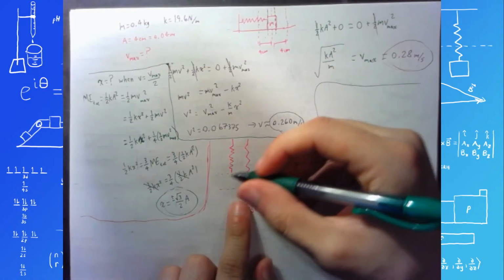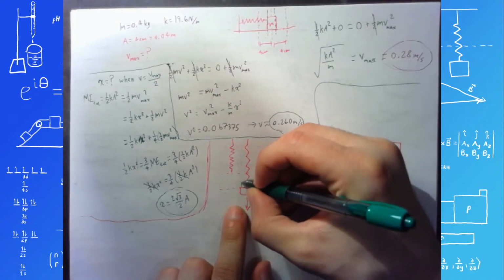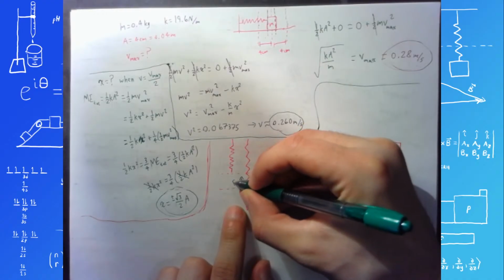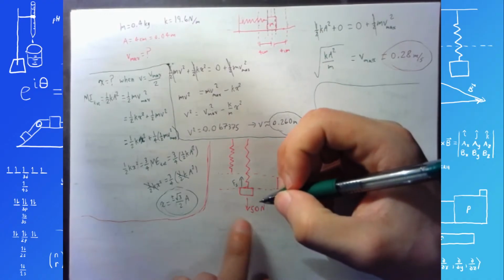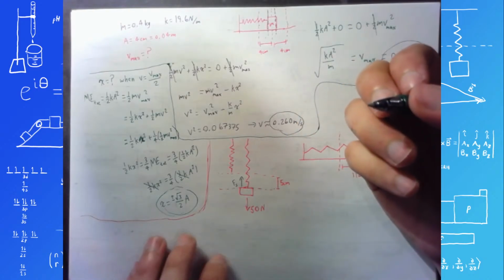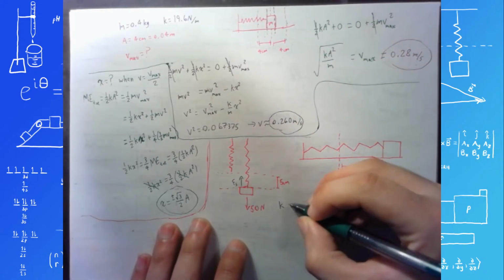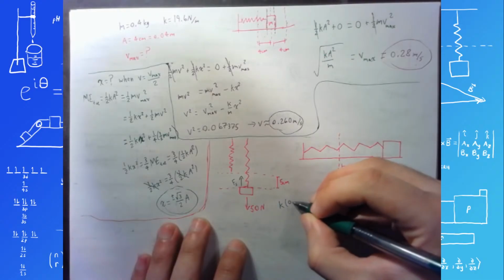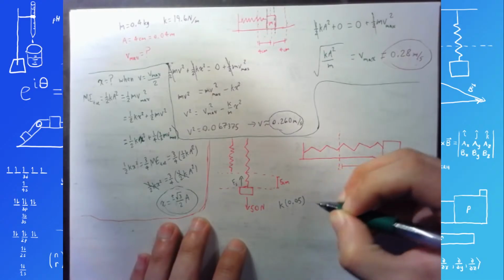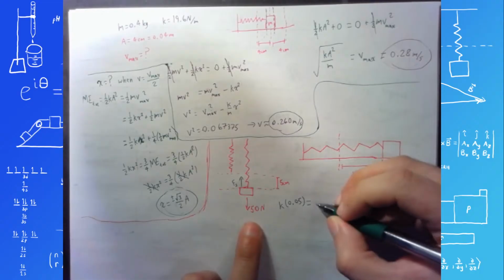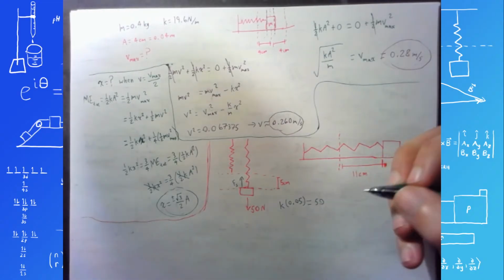So we know at this point the spring force upward must be canceling with the gravitational force downward. So we can say k times the 5 centimeters, which is 0.05 meters, kx is equal in magnitude to 50 newtons.